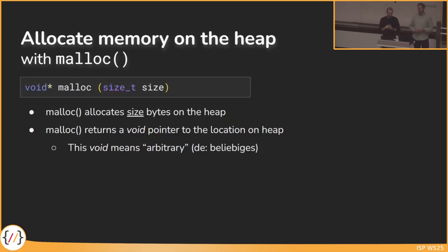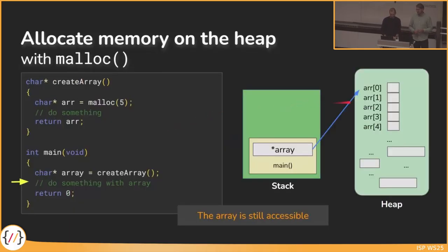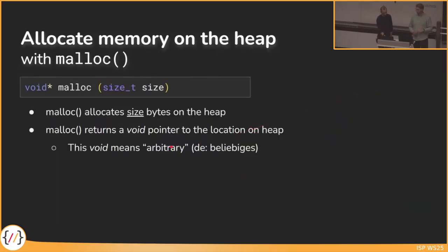But very, very important, it returns a pointer, which is an address, and the address is the memory location of my array. So we always have to take a pointer back from malloc to see where our memory is.